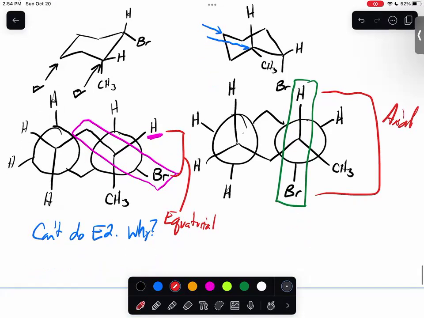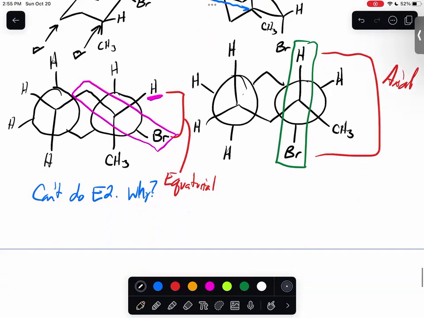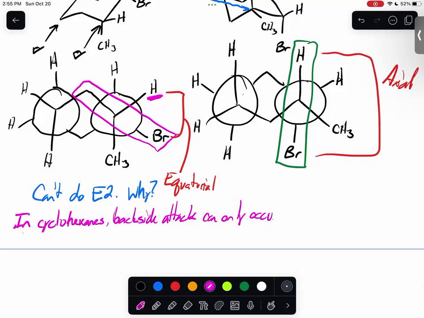What this means is that in cyclohexanes, backside attack can only occur when a group is axial.